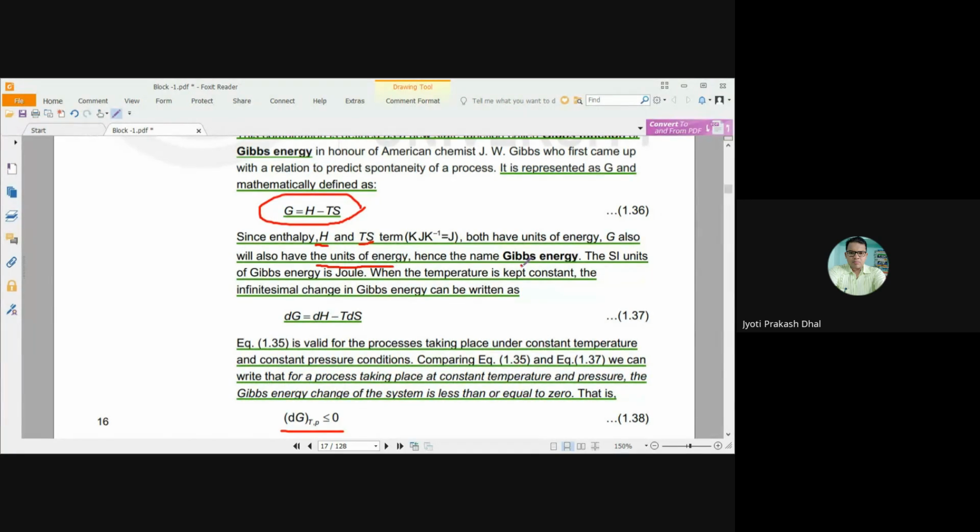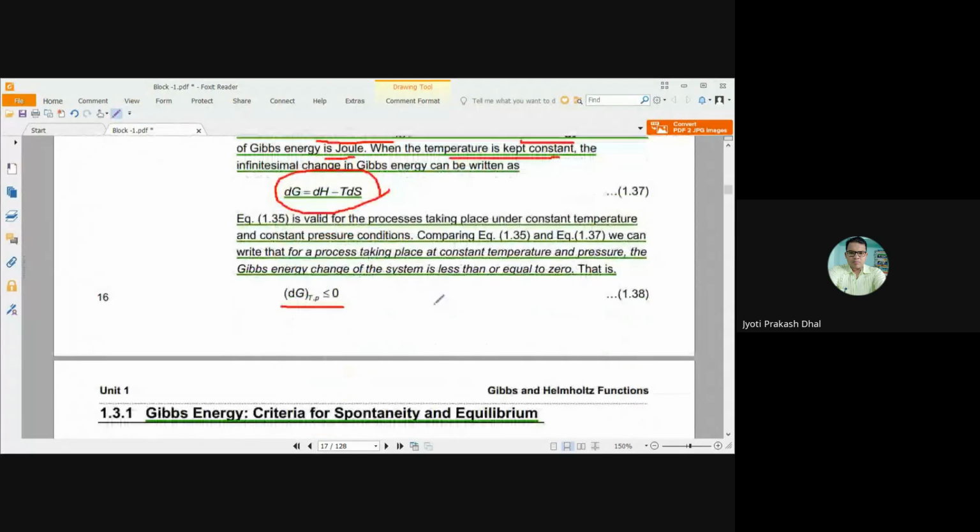That's why it is called Gibbs energy. The SI unit of Gibbs energy is Joule. When the temperature is kept constant, for an infinitesimal change of Gibbs energy we can write dG equals dH minus TdS. This is equation 37.